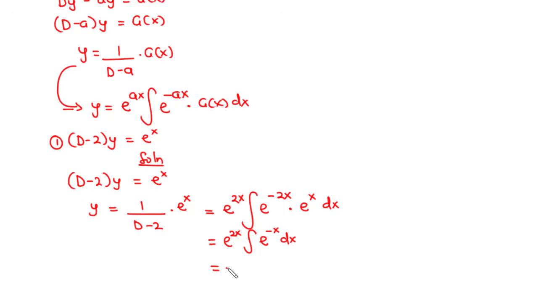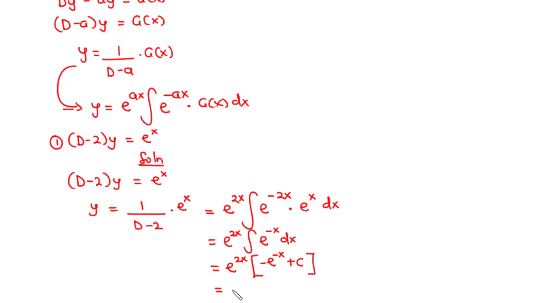Now let's integrate e^(-x). That becomes e^(-x), and then we differentiate the exponent, negative x, with respect to x, and we have negative 1. So negative 1 appears at the denominator. We can represent this as negative e^(-x) plus the constant of integration.